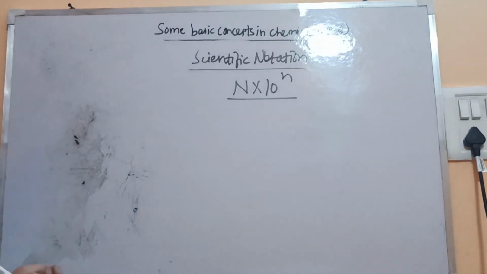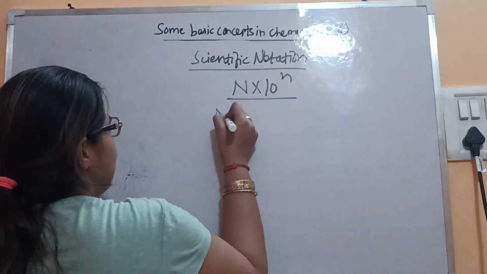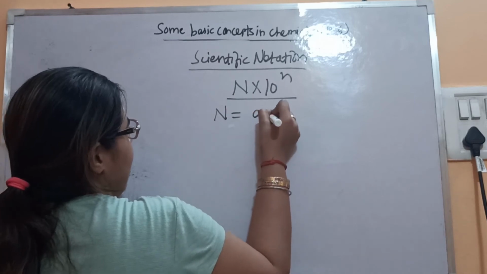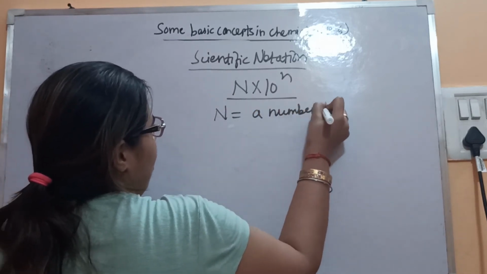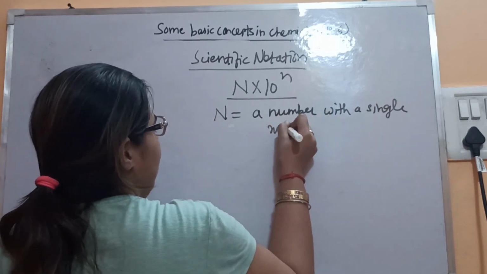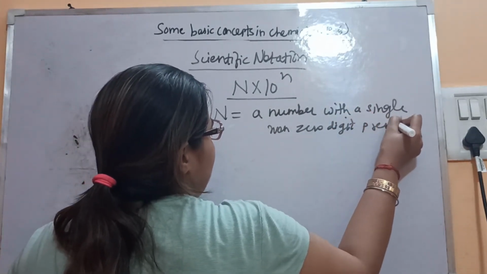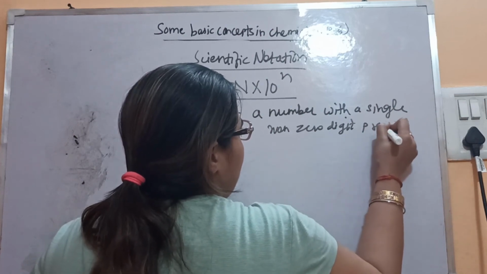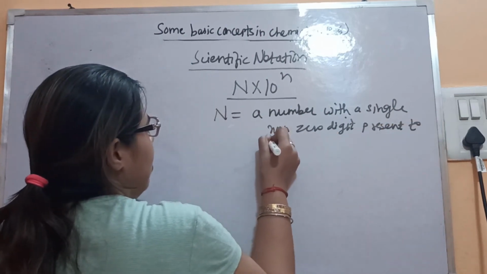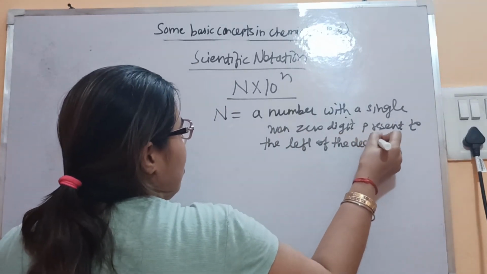Write the given number as N into 10 to the power n, where capital N is a number with a single non-zero digit present to the left of the decimal place.